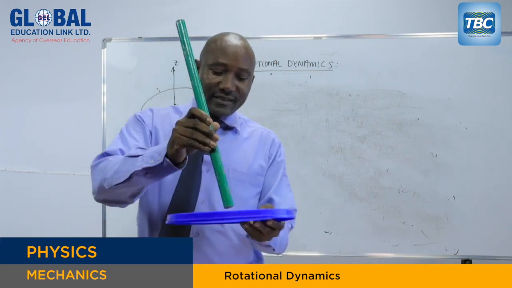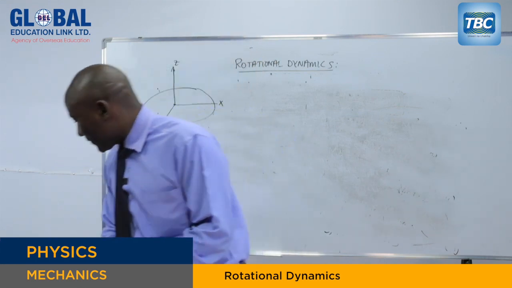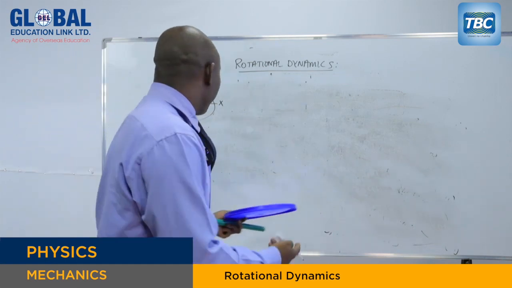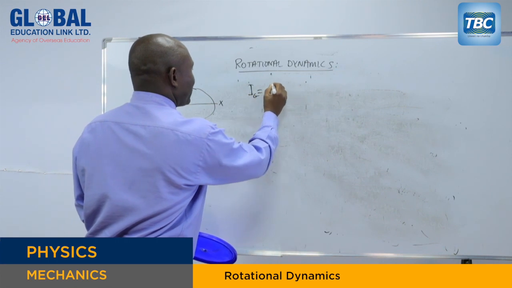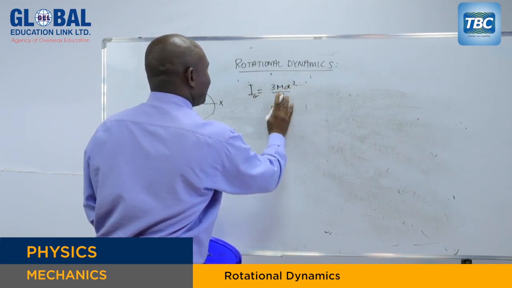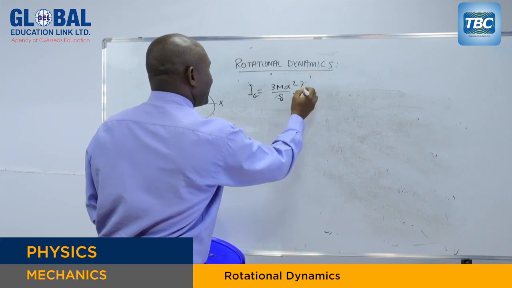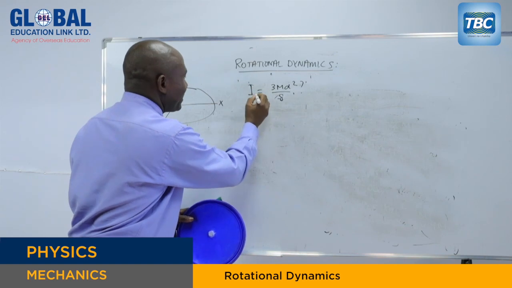Can we find it at the center? Let's check. We know we are looking for the moment of inertia, which is given as md squared over 8. Let's call the given one small g.